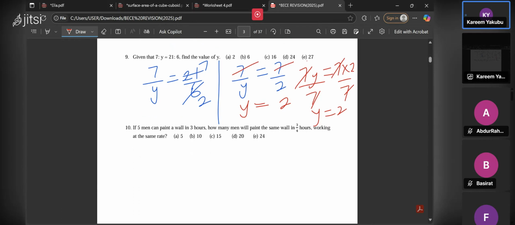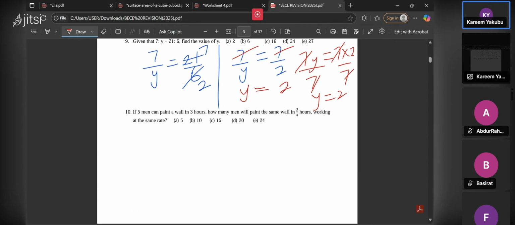Question 10. Now, this question 10 is on proportion. As you can see, if 5 men can paint a wall in 3 hours, how many men will paint the same wall in 3 over 4 hours, working at the same rate? Now, if you look at this question, 5 men can do a particular work in 3 hours.